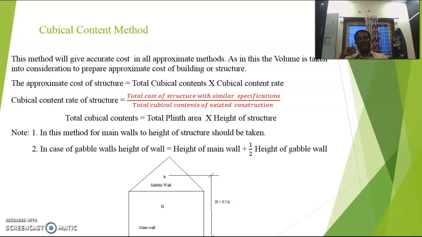That means before preparation of the DPR, we have to submit them to the government for sanctioning purposes. Once you get the administrative approval, then you can prepare the detailed estimate and submit it to the government, which will give the exact cost of the structure. This is the importance of the approximate estimate. So this is the end of this unit.